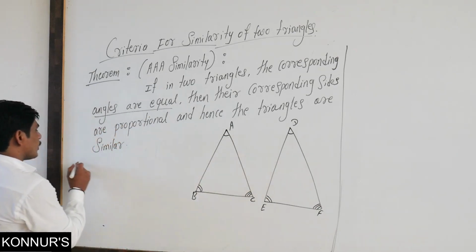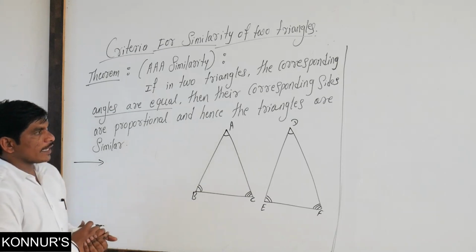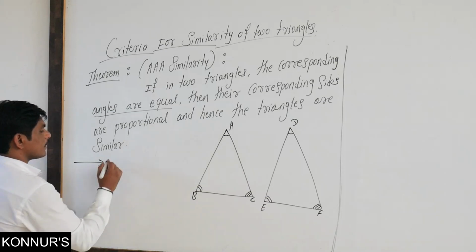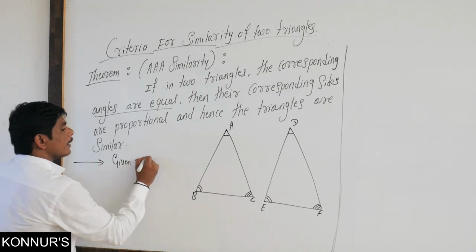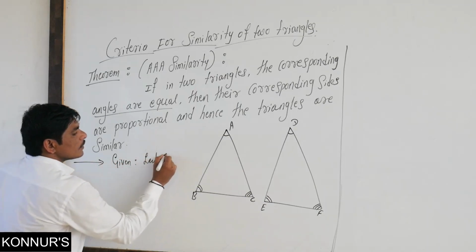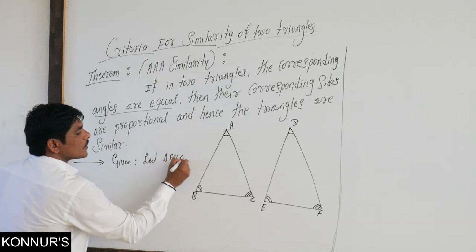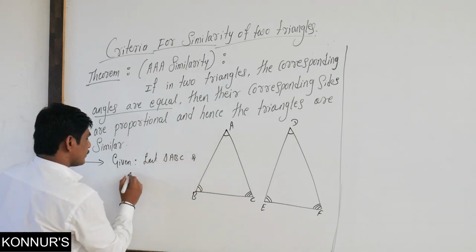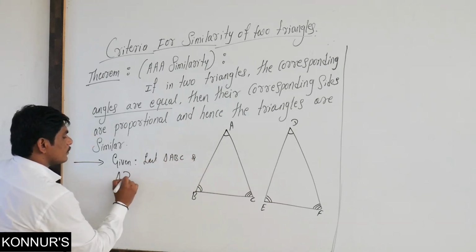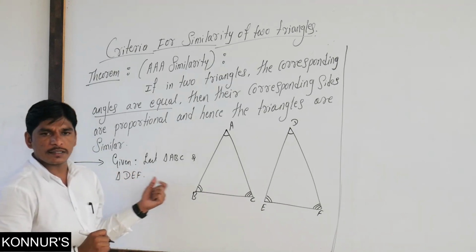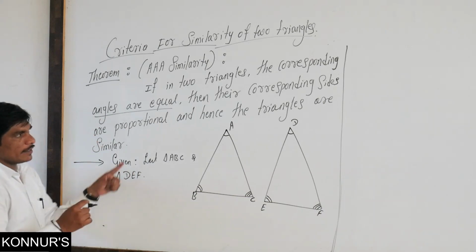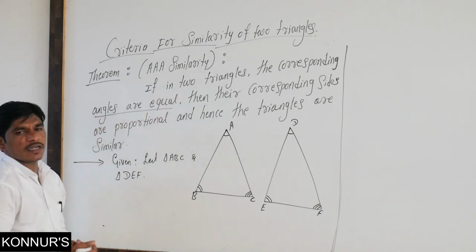According to the given, first write all the given points. Given, let triangle ABC and triangle DEF be the given two triangles, and one more statement is the corresponding angles are equal.